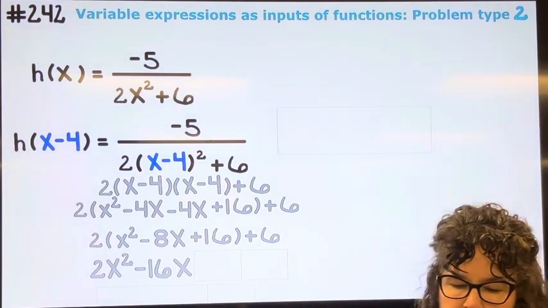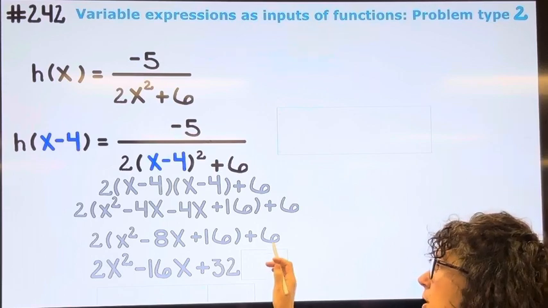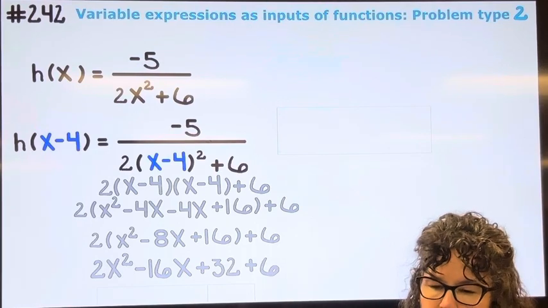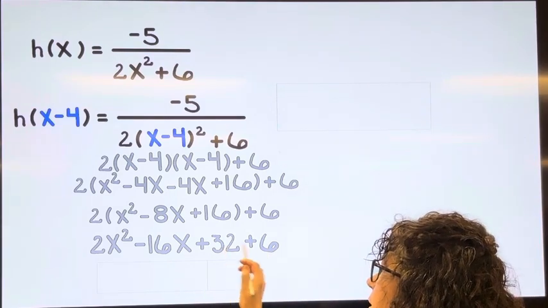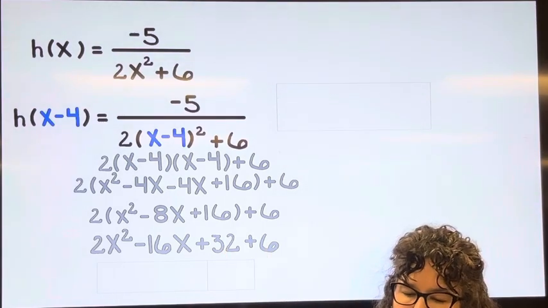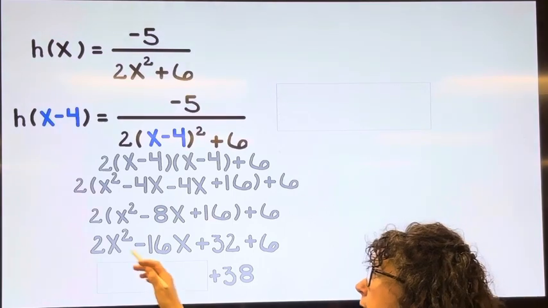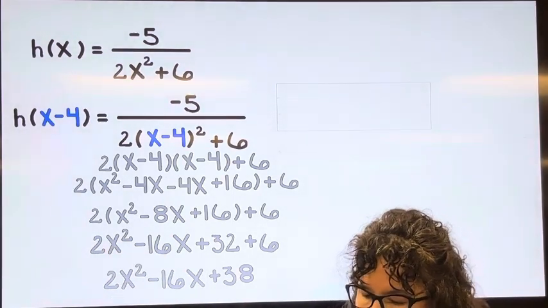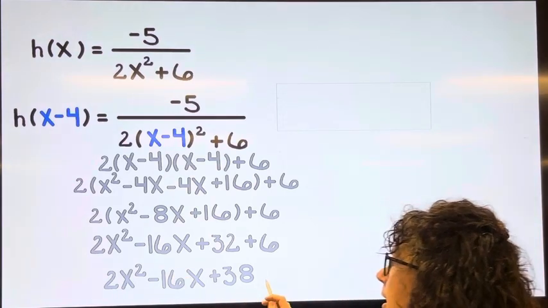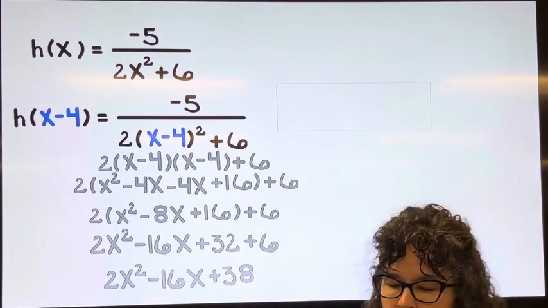And 2 times 16 is 32. Bring down that plus 6 there. And then finally, the 32 and the 6, we can combine those to make 38. And then let's bring down 2x squared minus 16x. So I have simplified that denominator that I created.